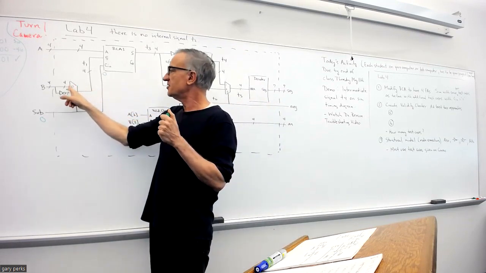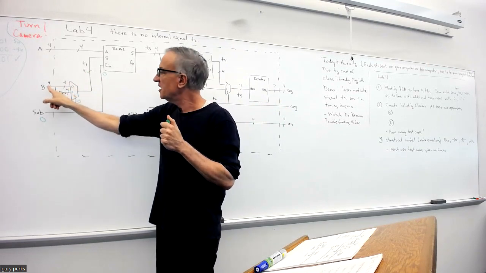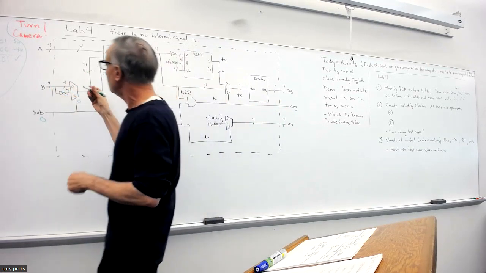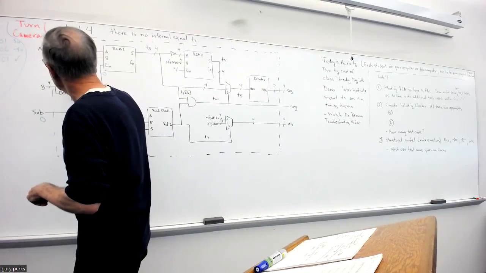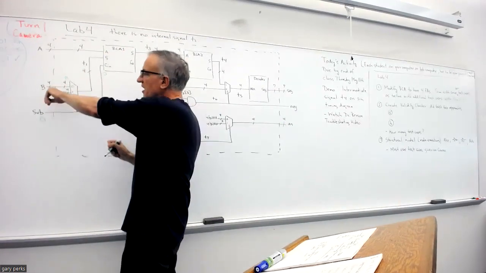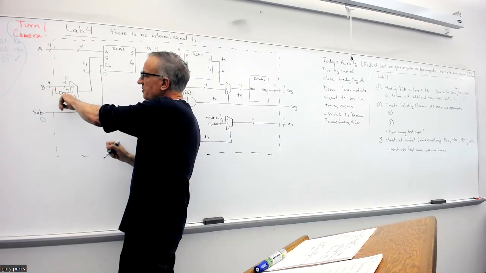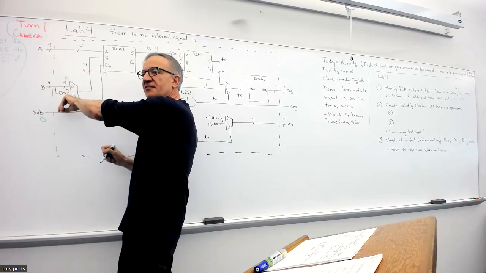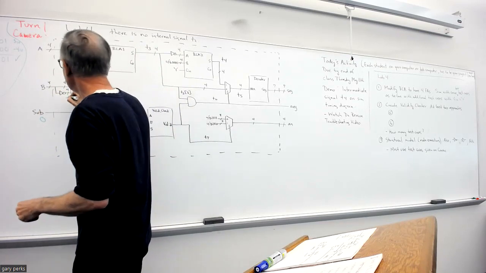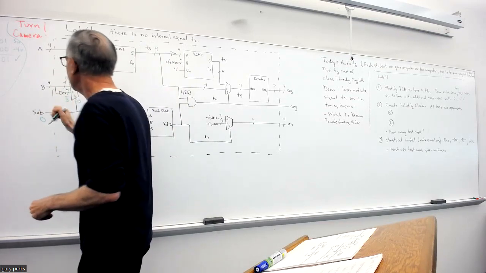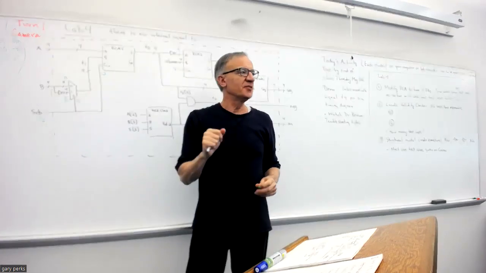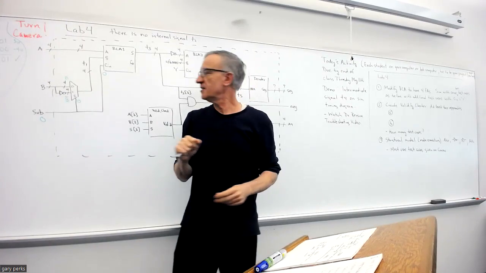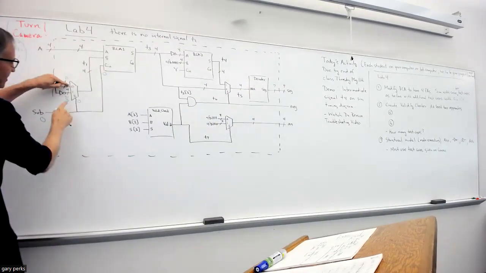B connects directly to input 0. Input 1 of the mux has an inverter between B and where it's at. So what am I going to have here at the 1 input? Not B. It's going to flip all the bits of the B value. So I've got B here and not B here.